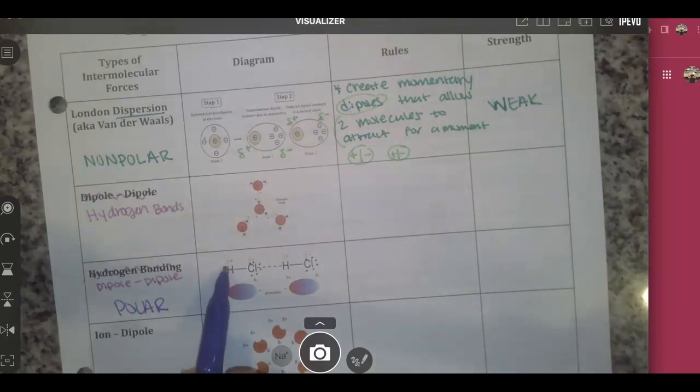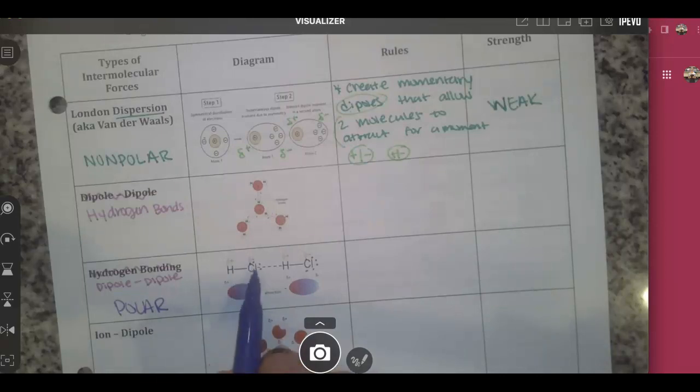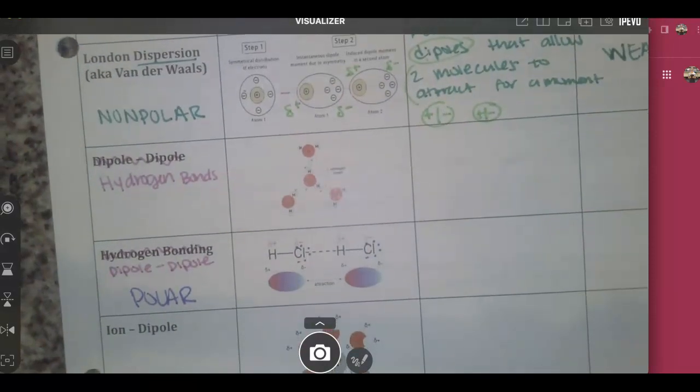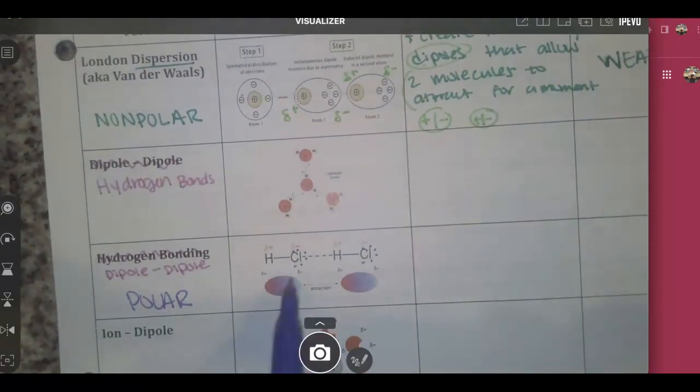Remember, that's my little partial symbol right there, and it's partial because the electron's not being transferred, right? So it's not becoming fully positive by one and fully negative by one. It's just partial because they're sharing that electron still. It's not like in an ionic compound where we can give it a full charge. So partial positive, partial negative. If I have another HCl molecule next to it, we're just creating little magnets, right?